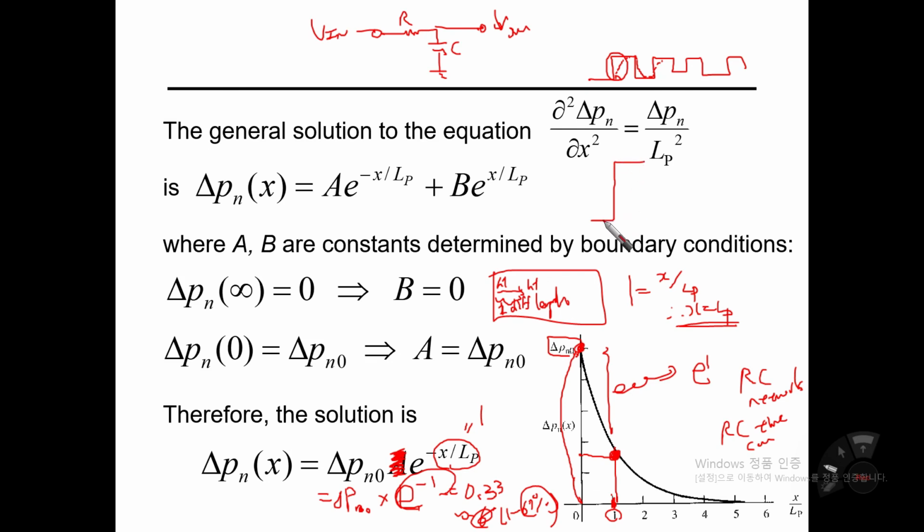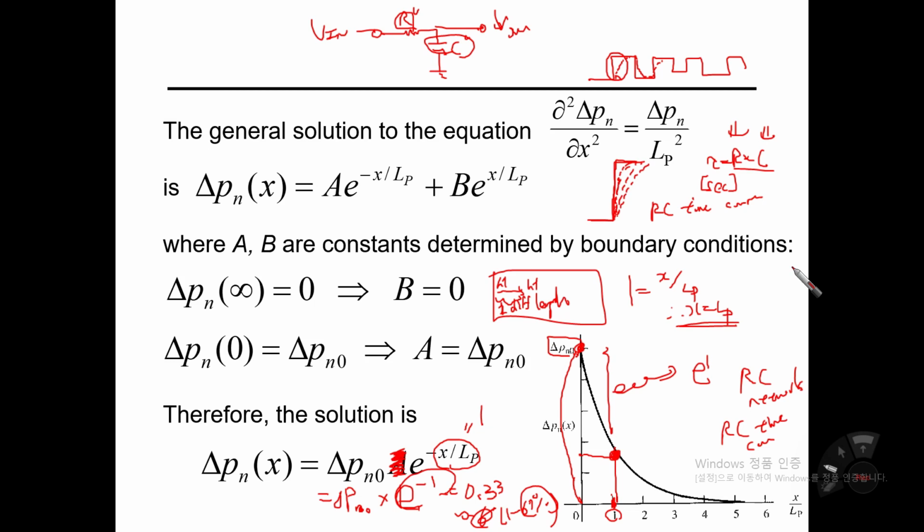The steep, abrupt switching input signal has been applied, but this capacitor and resistor cannot abruptly follow this pulse, it needs some time, right? So that time is characterized by the RC time constant. So tau was R times C, resistance times capacitance. The unit for RC is equivalent to the second, right? So by varying the R and C value, you can change this or that, or even this.